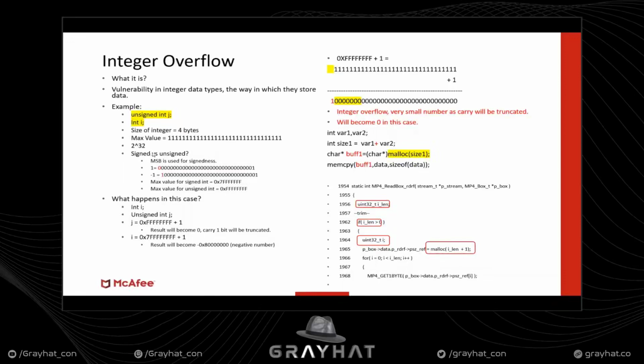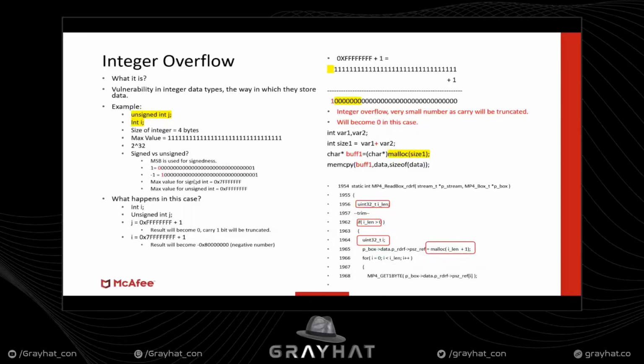In the case of a signed integer, the first bit from the left, that is the most significant bit, is used to denote signedness. If this first bit is 0, the number is positive. If the first bit is 1, the number is negative. So in the case of a signed integer, we only have 31 bits to denote the number.